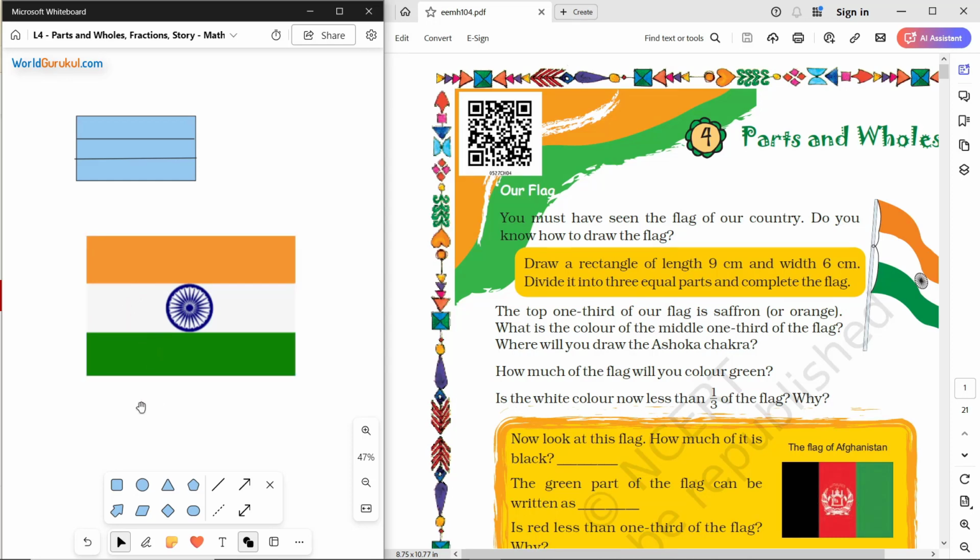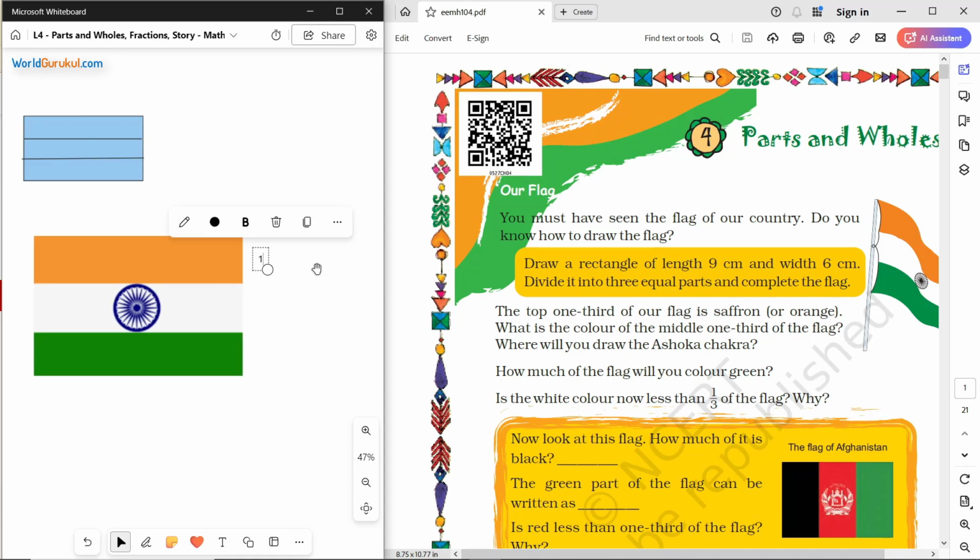So 3 parts. This is 1 part, and this is 1 part, and this is 1 part. Total how many? 3 parts. And 3 parts put together is going to be 1. So each part will be 1 by 3.